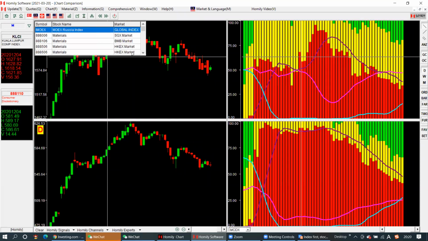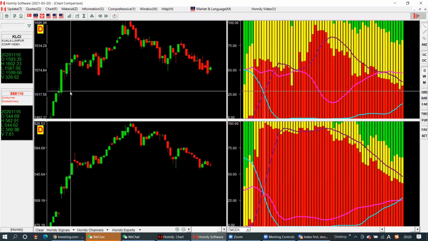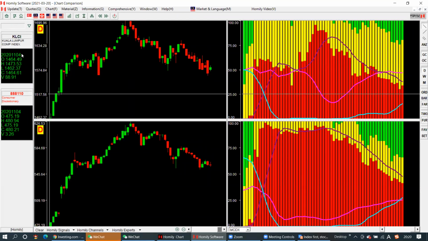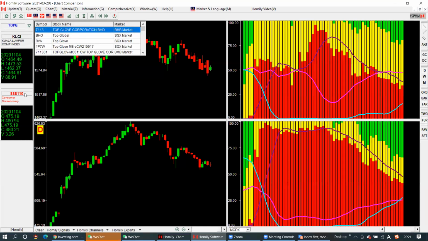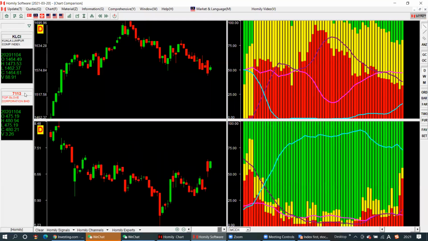This one is one of the things that we can do. Compare our KLCI with our sector or even our individual share. Okay, like let's see our top growth.